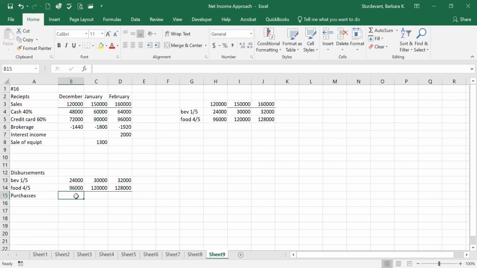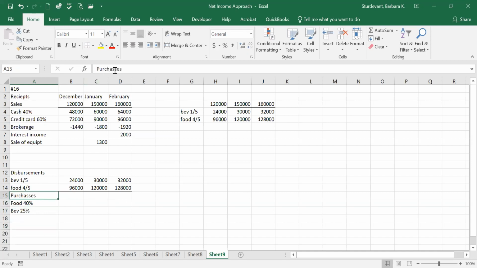They're paid for the month following the sale. So first of all, we got to figure out what they are. So food is 40% and beverage is 25%. Okay.